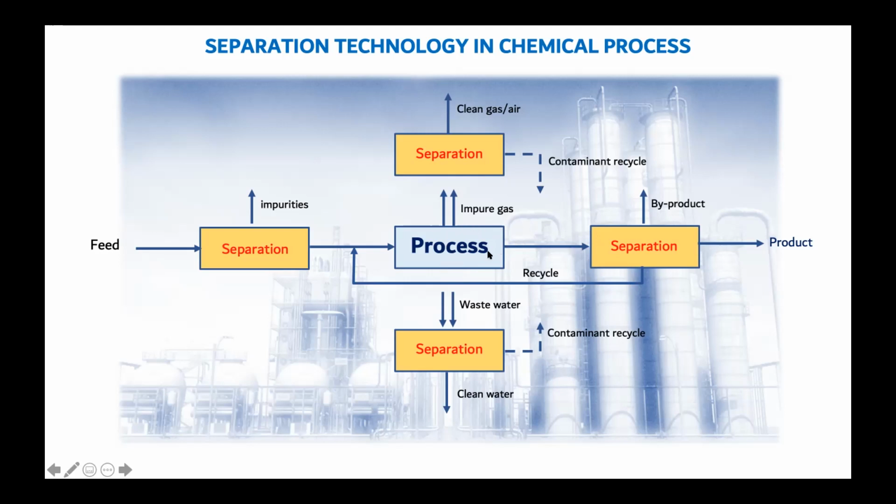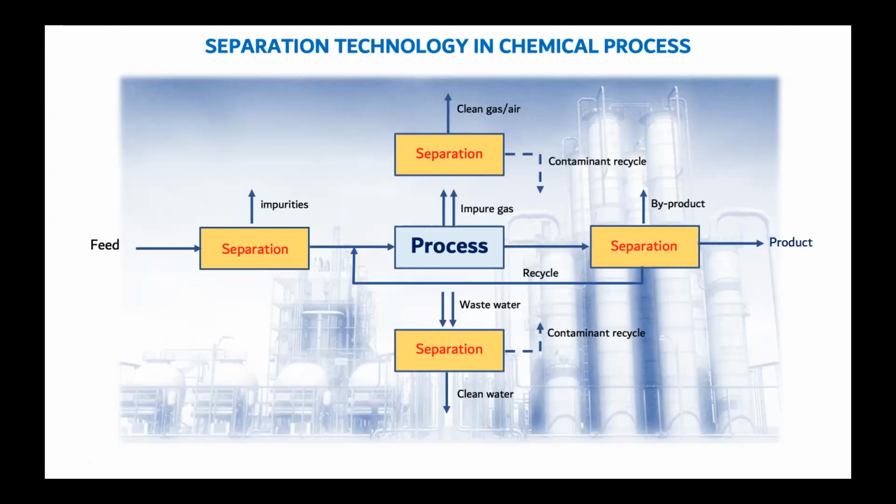Also, if the process releases impure gas as a side product, before we release it into the atmosphere, we also have to do separation to separate the contaminant.